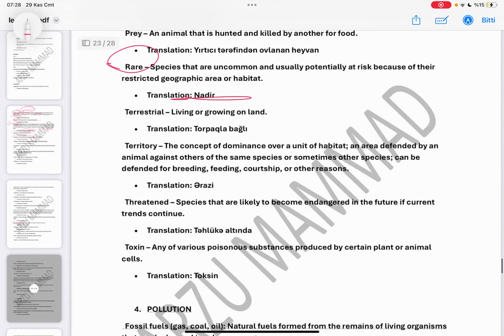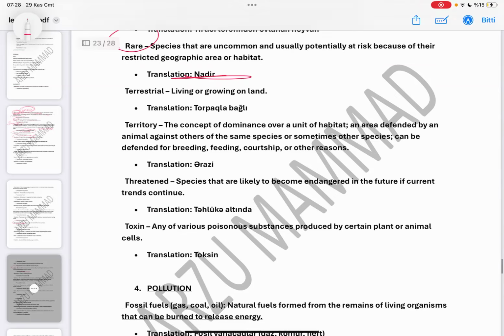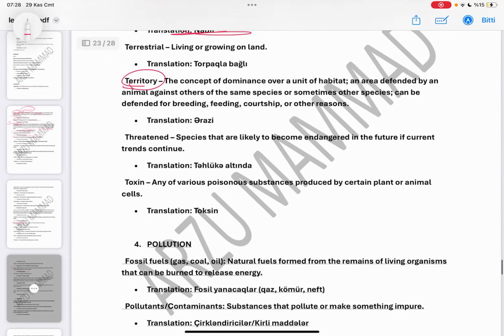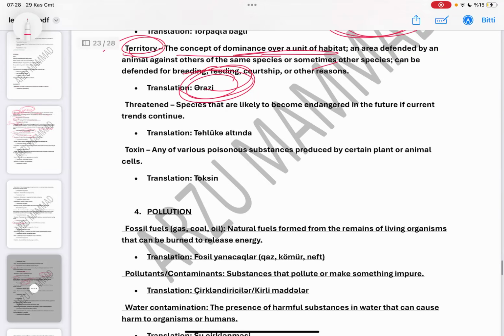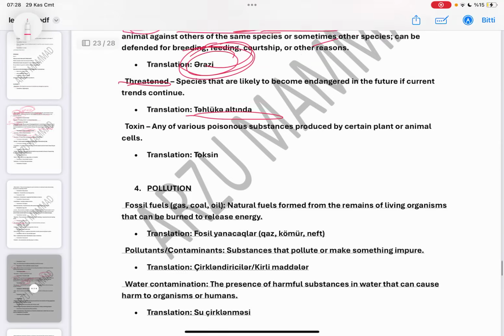Rare, you can see extinct, for example. Territory, this is my territory, like, you know, place, habitat, like the constant dominance over a unit of habitat. Threatened, under risk, we have already discussed.